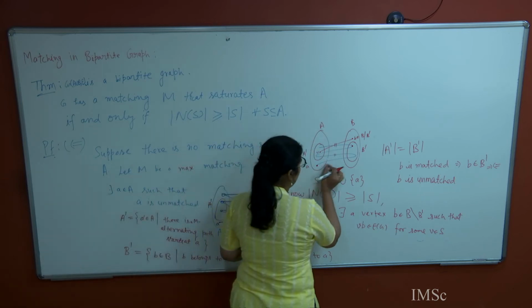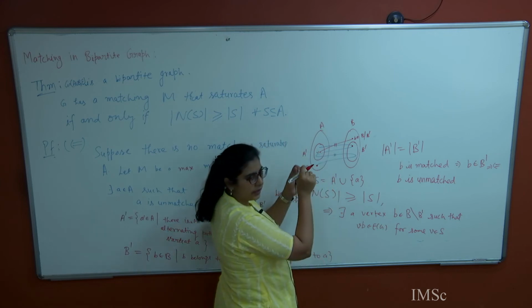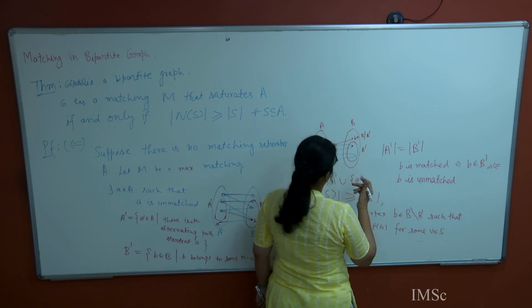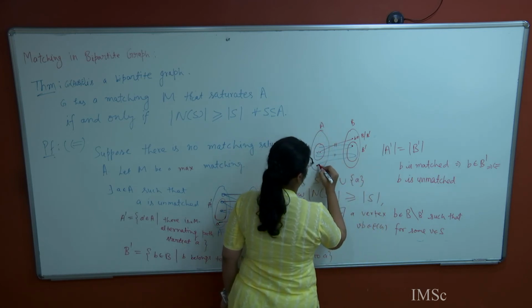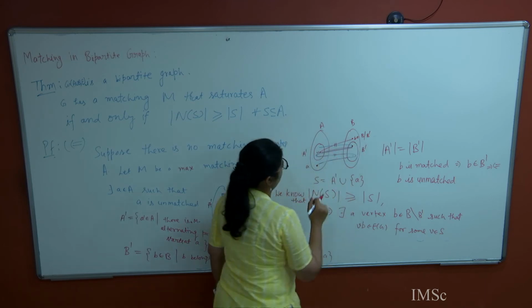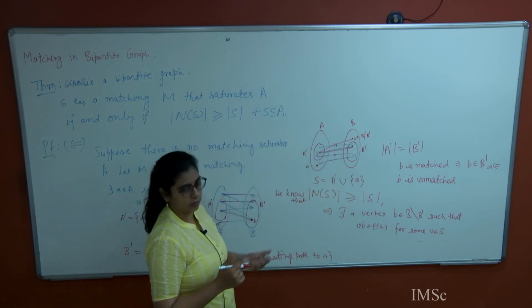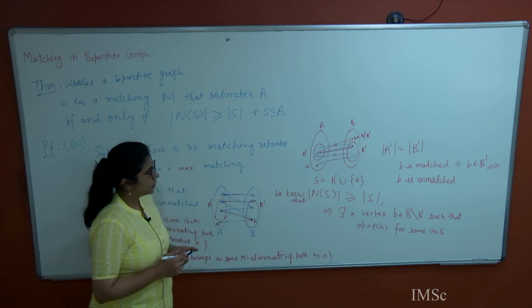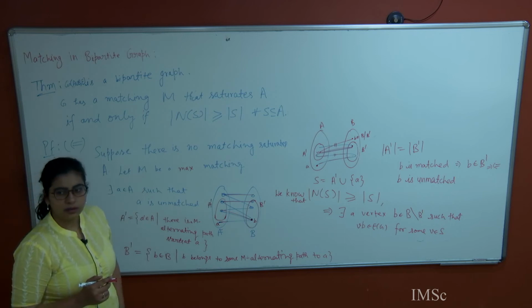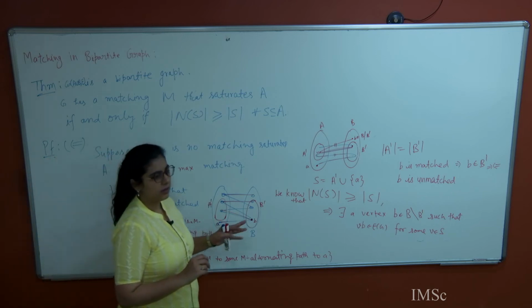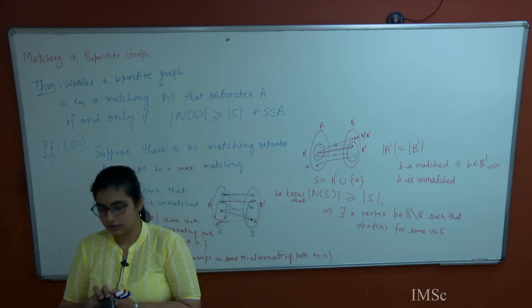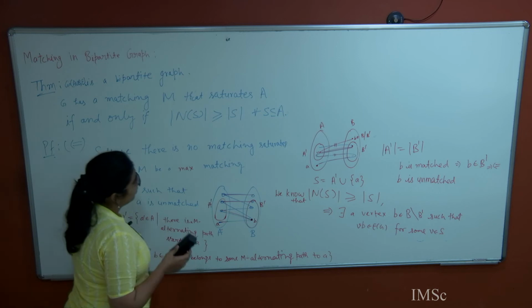We start with A, go to V via an alternating path, and then V to B. So, we got an augmenting path, and that means it contradicts the fact that the matching was maximum. Okay. Any doubt in this? I don't think so.